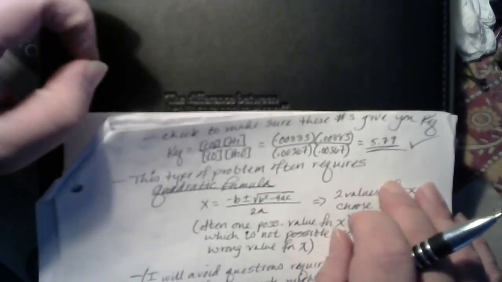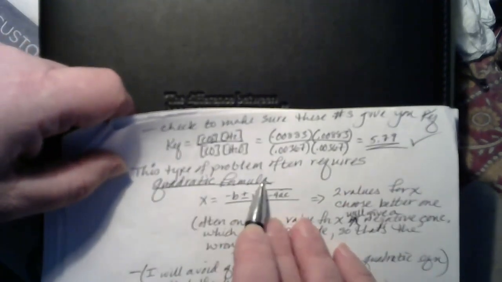You'll end up with something times x squared plus something times x plus something times x to the 0 power, which is just a number, because x to the 0 power is just 1. And that will be equal to 0. And that is a quadratic equation, meaning that you may end up having to use the quadratic formula if you want the answer to that question.